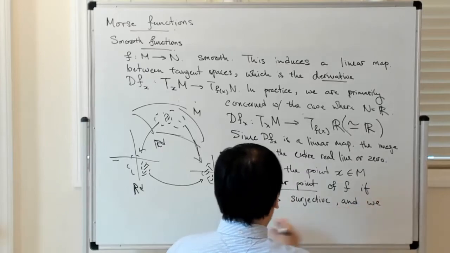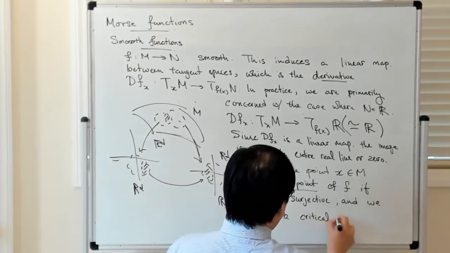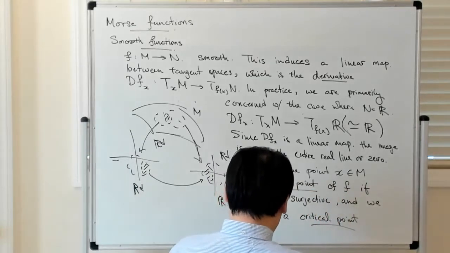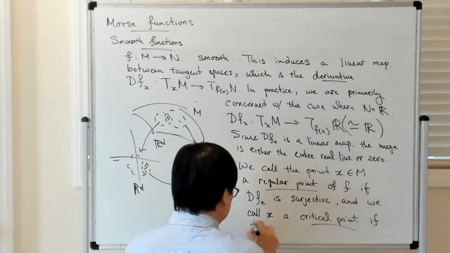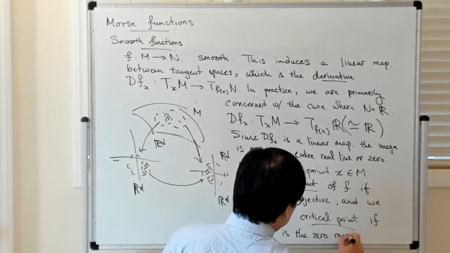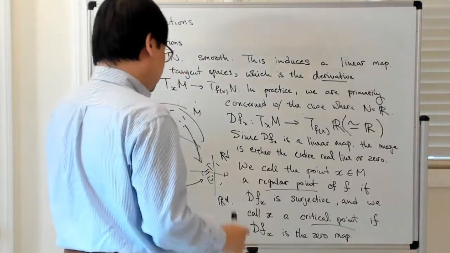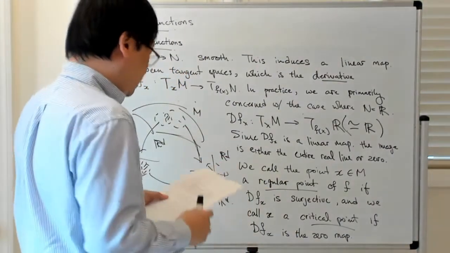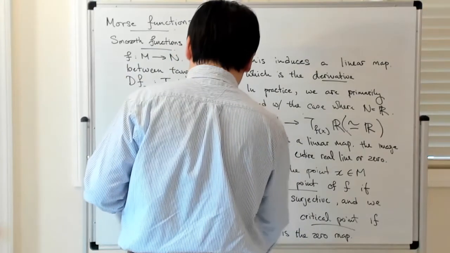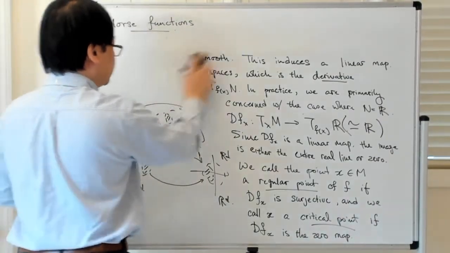We call x a critical point if the image is 0, if df_x is the zero map. So that introduces this idea of distinguishing points in a particular way. So one way to see this is that, okay, I should say the following.